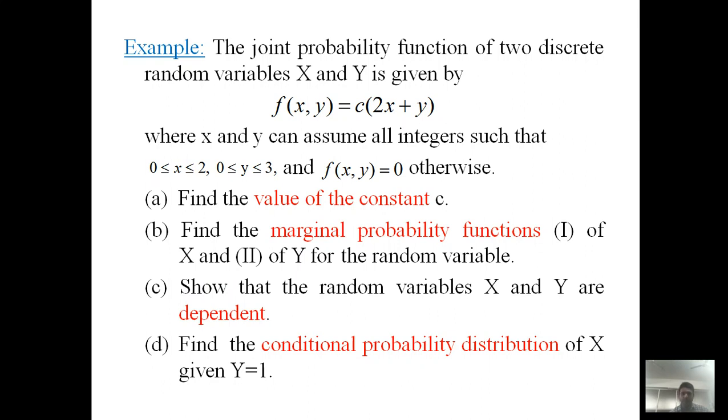It is clearly written here that the random variables x and y are dependent, so we do not check, as it is already mentioned. The last one is to find the conditional probability distribution of x given y equal to 1. So one by one we have to deal with each option. So let's start with the first one.